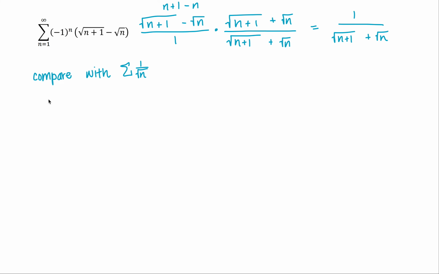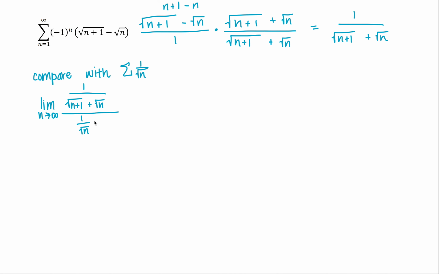So let's look at this now. We have the limit as n approaches infinity of our series, which is 1 over the square root of n plus 1 plus the square root of n, over 1 over the square root of n.